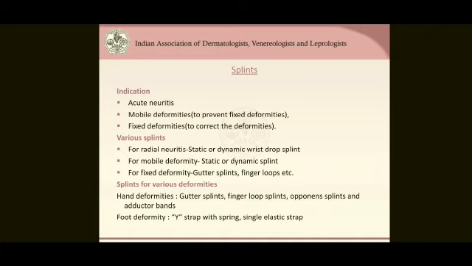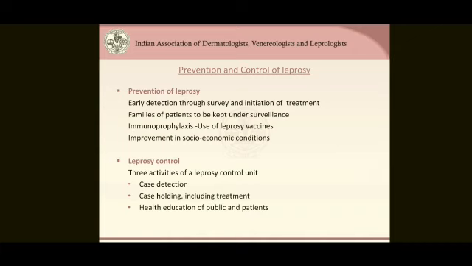For fixed deformities, there are gutter splints, finger loops, etc. For hand deformities: gutter splints, finger loop splints, opponens splints, and abductor bands. For foot deformity, it is a Y strap with spring, or a single elastic strap.